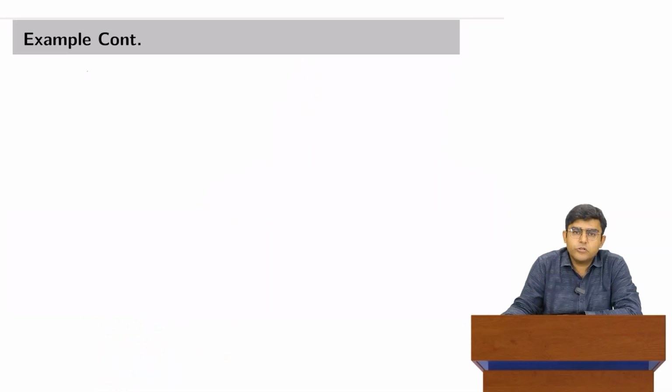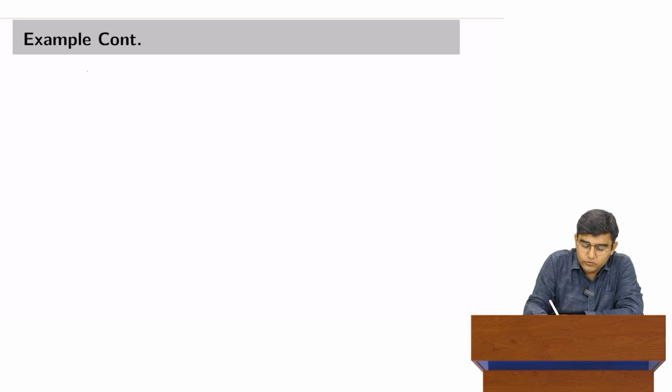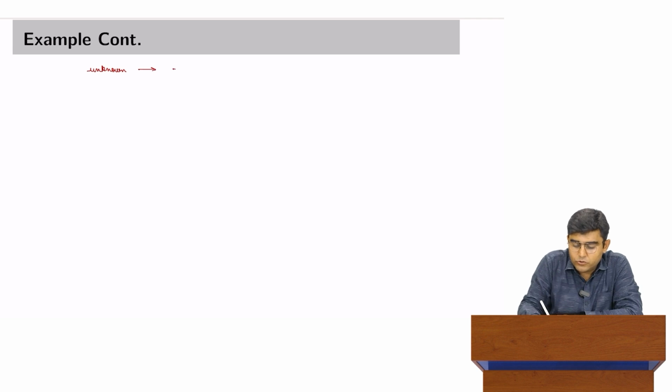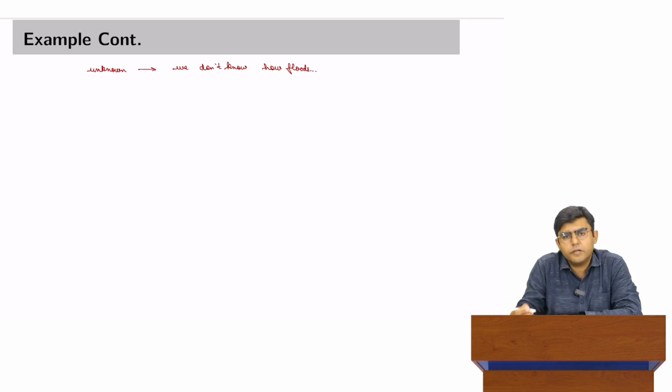So let us look at what the unknowns are. What is unknown here? We do not know how many floods. We have some probability that on average 1.5 floods happen per year.